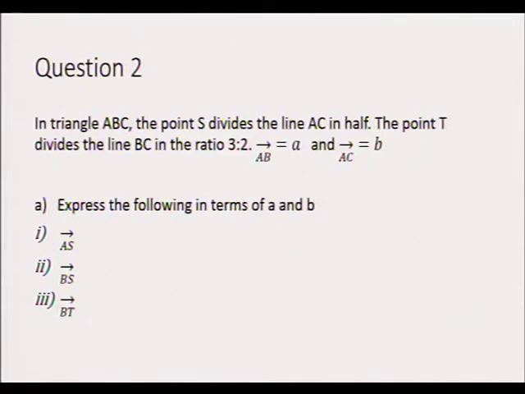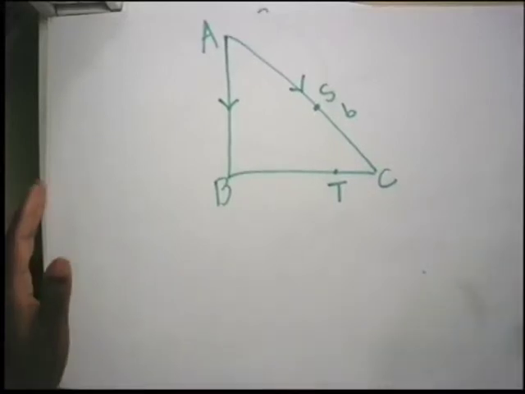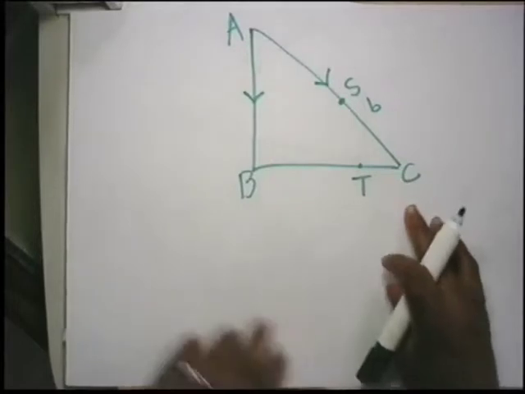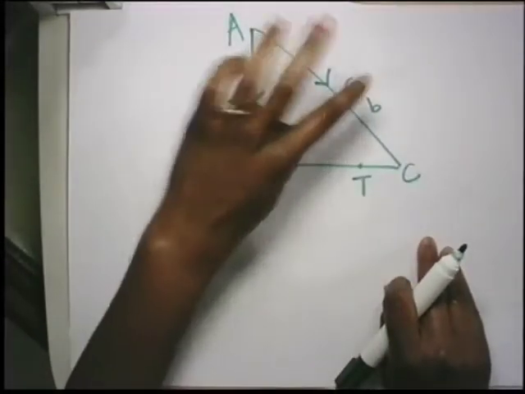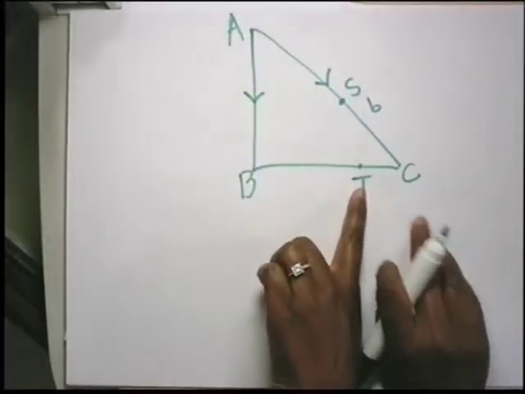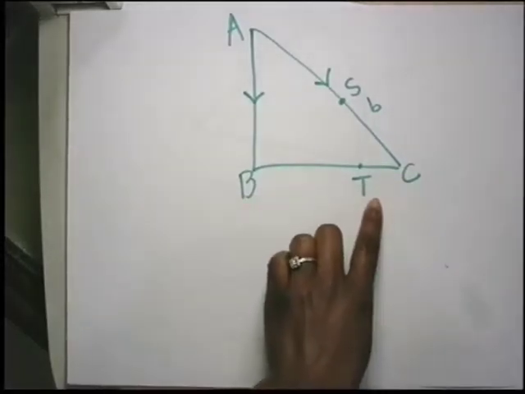So then this diagram is given here. This is what we have. It's a triangle ABC, where we have point S, which divides line AC in half, so S is halfway, and then point T is on the line BC, but in the ratio 3:2. Remember how we work with ratios.